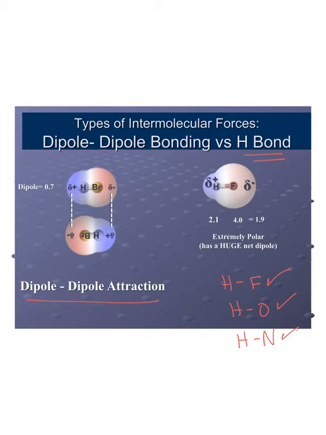So here I have an extremely polar covalent bond, and an extremely polar molecule, right? Is there anything more electronegative than fluorine? No, right? I've got some lone pairs there, but that atom is really pulling those electrons that way.